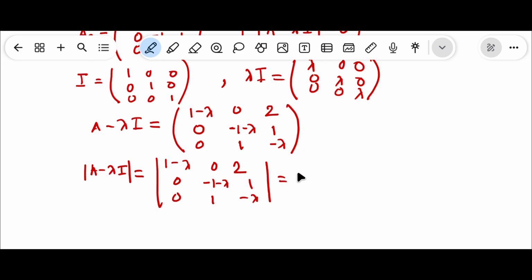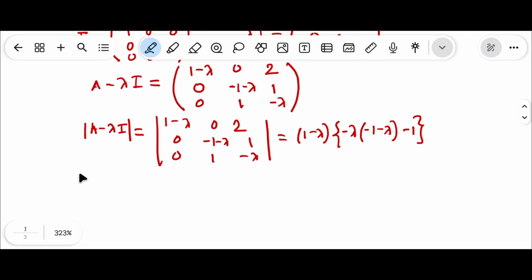Okay, so let us evaluate this: 1 minus lambda into (minus lambda into minus 1 minus lambda, minus 1), then 0 into its minor, that is 0, and 2 into this, 1 into 0 and 0 into this, so that is also 0. Therefore we are having this.